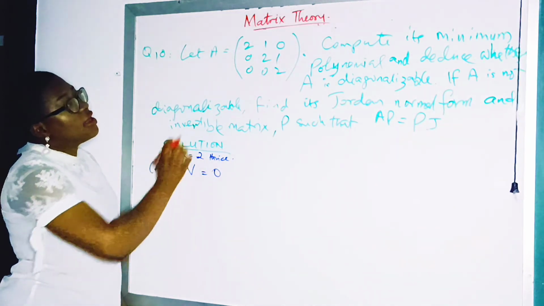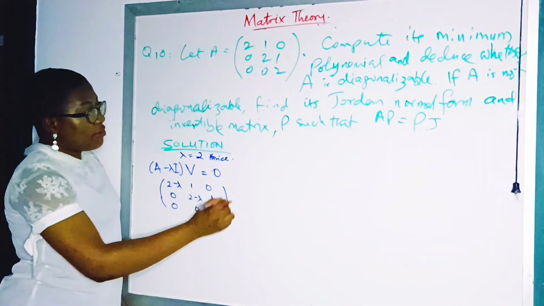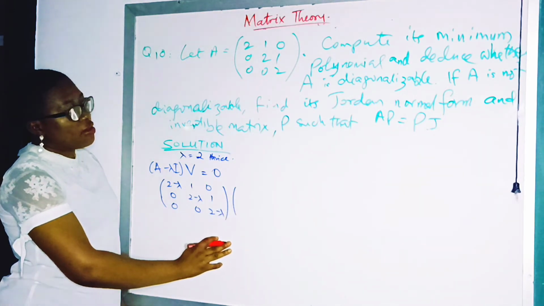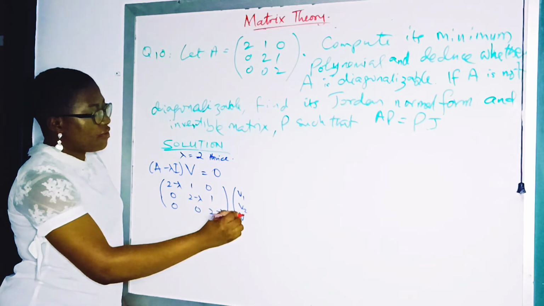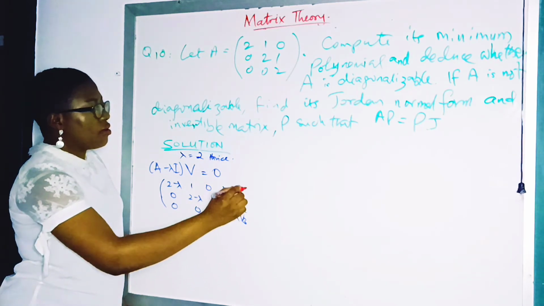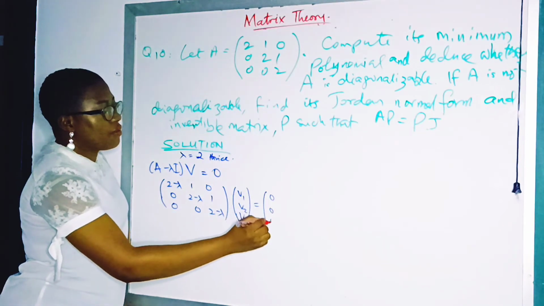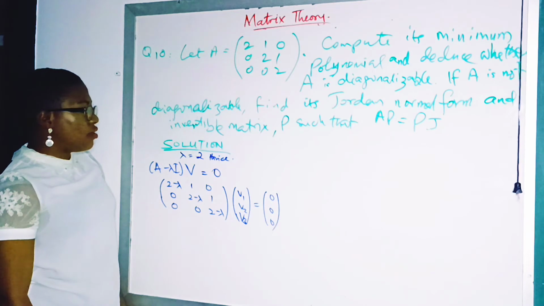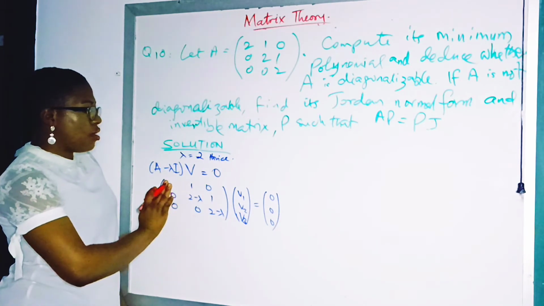But A minus lambda I is this minus lambda I, so we have this times V1, V2, V3. Is it not? I would have preferred X, Y, Z, but no problem. What is lambda?